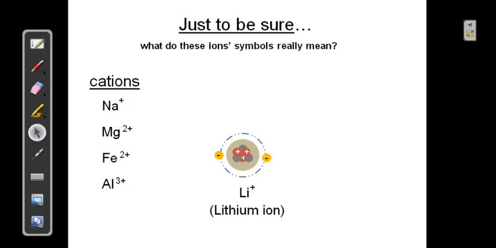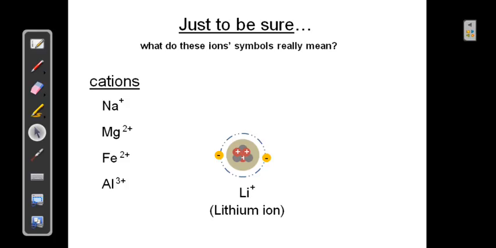So when you look at the 1 plus here, it shows that lithium has an excess of 1 proton. Where does this proton come from? Lithium did not add any proton to itself, but lithium has more protons now because it has given off 1 electron. By losing 1 electron, lithium has an excess of a proton.